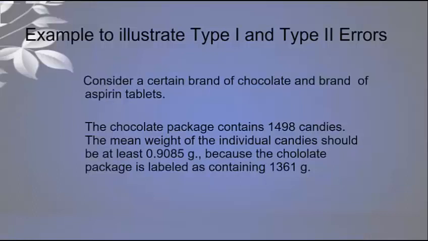Consider here a certain brand of chocolate and a brand of aspirin tablets. The chocolate packets contain 1,498 candies. The mean weight of the individual candies should be at least 0.9085 grams because the chocolate package is labeled as containing 1,361 grams.